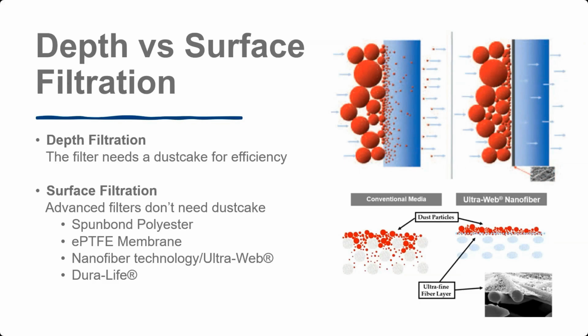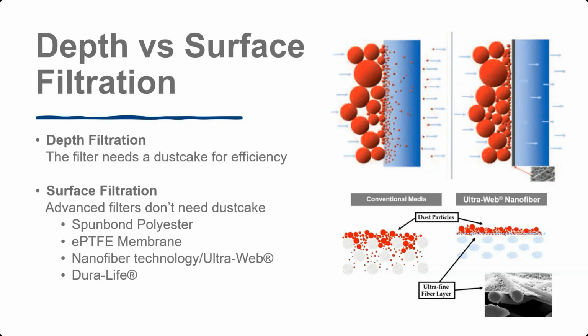Another option you have is surface filtration, and that is newer medias that are available that actually capture the dust on the surface of the filter. And there are four types of surface filtration. There's spun-bond polyester, ePTFE membranes, nanofiber technologies, and then a Duralife fabric.